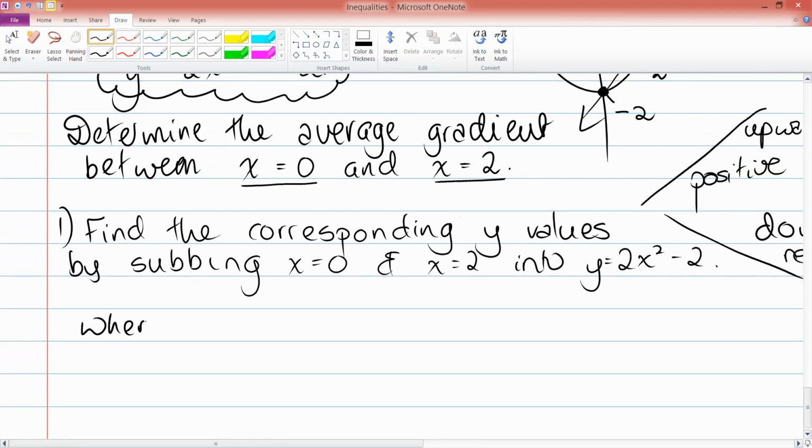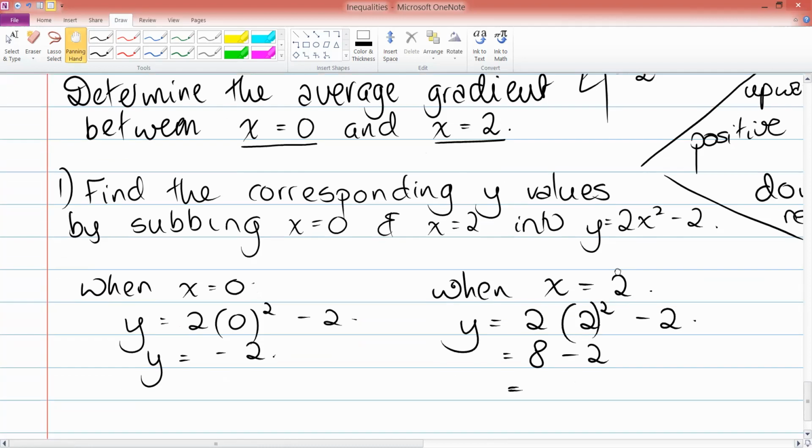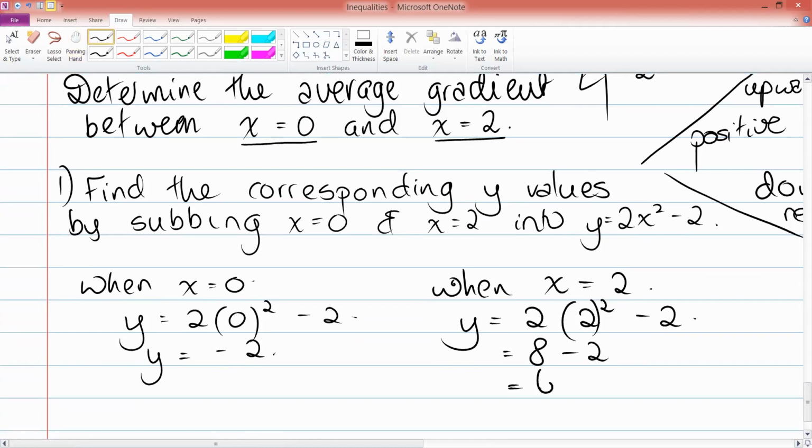When X is equal to 0, that's 2 times 0 squared minus 2, so Y equals negative 2. When X is equal to 2, let's sub it in: 2 times 2 squared minus 2. So 4 times 2, that's 8 minus 2. Your answer, Y is equal to 6.